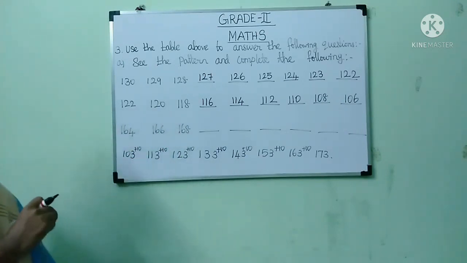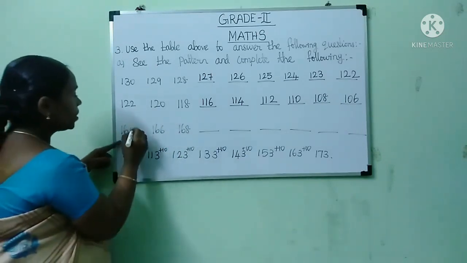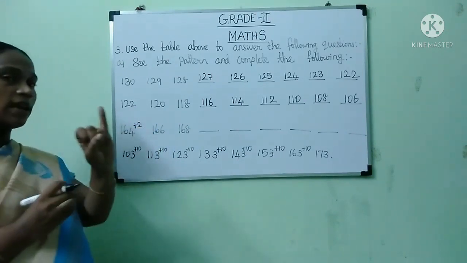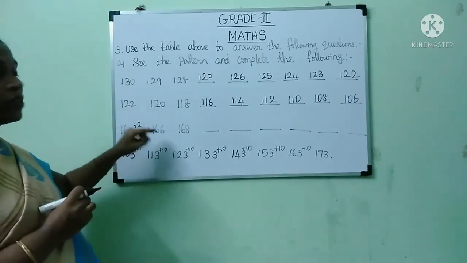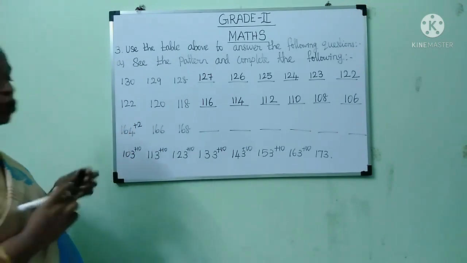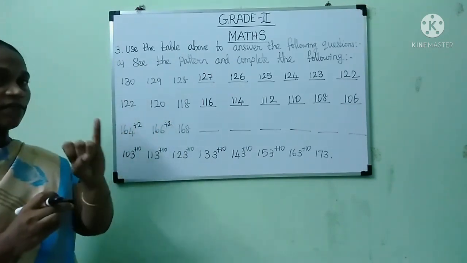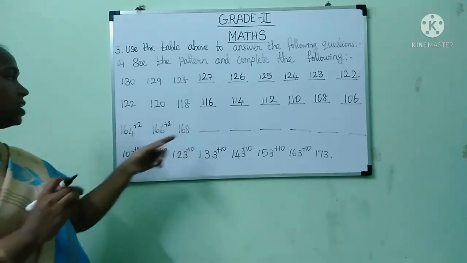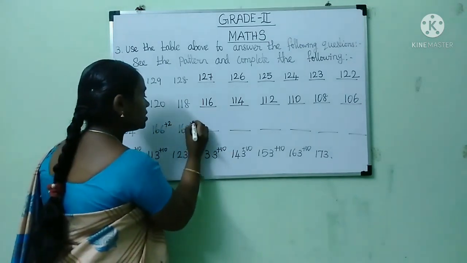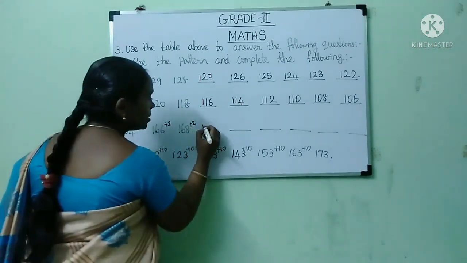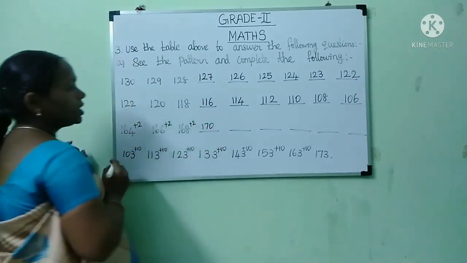168. This is 2's counting. See, 164 plus 2, 165, 166. 166 plus 2, 167 and 168. Then 168 plus 2, 170.